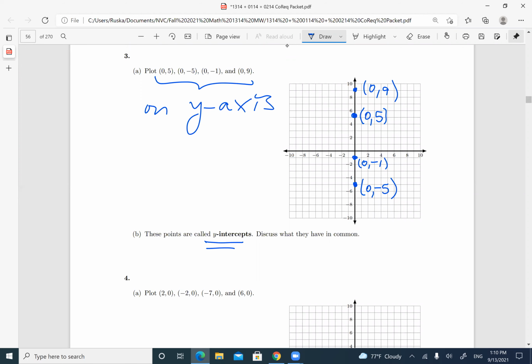And what they have in common, they always have 0, comma, and I'm using the number symbol in math. It's not hashtag. This symbol here means any number. So the y-intercept always looks like 0, comma, number. Everybody understand that?